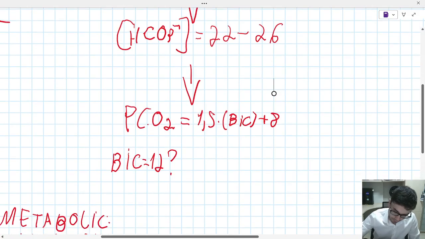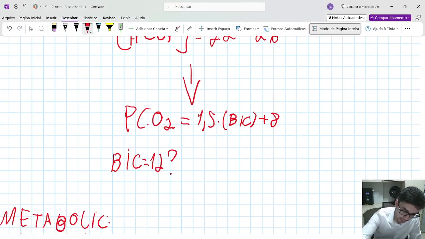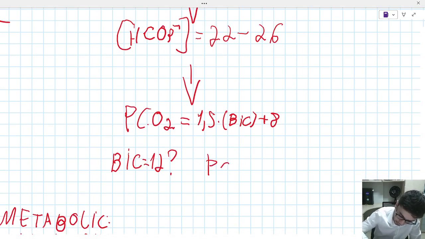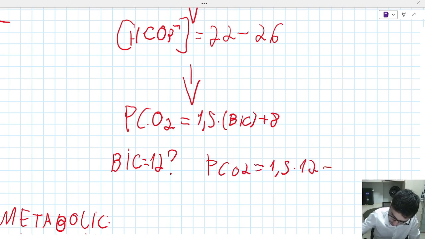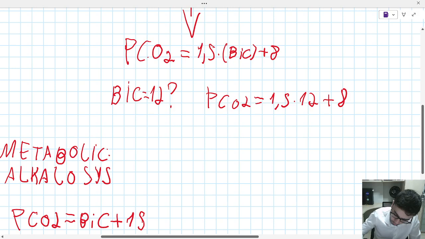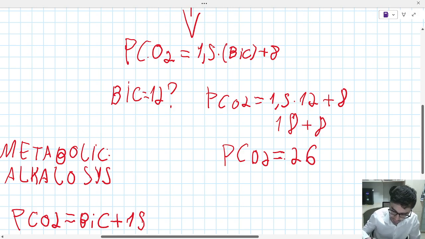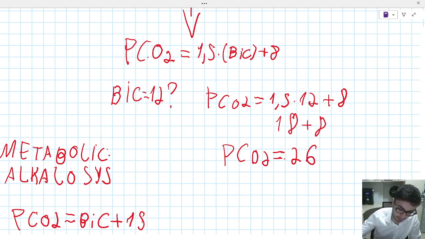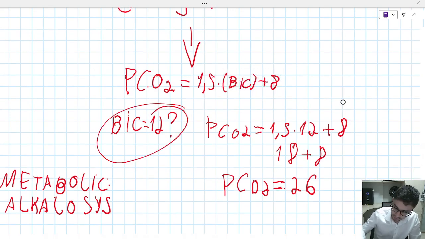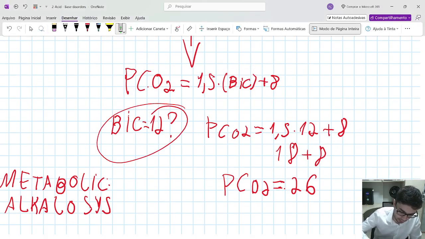So PCO2 equals 1.5 times 12 plus 8. 1.5 times 12 is 18, plus 8, so the PCO2 will need to be equal to 26 in order to compensate this lower bicarb. I think you got it. Let's continue.